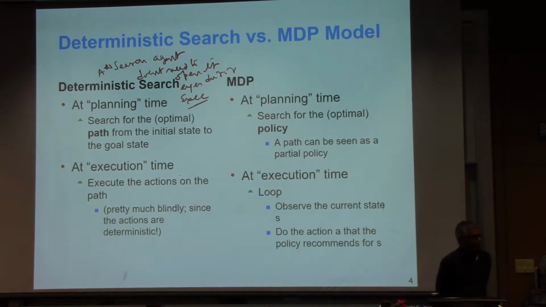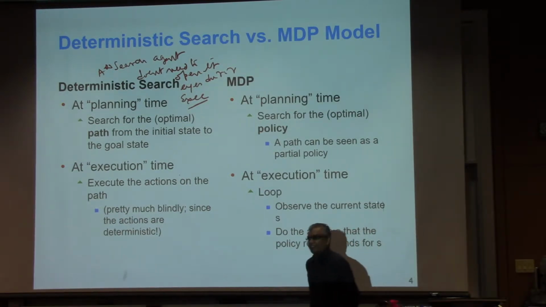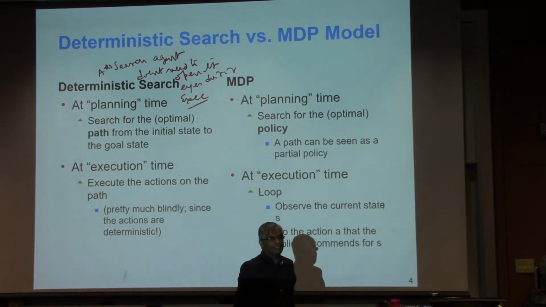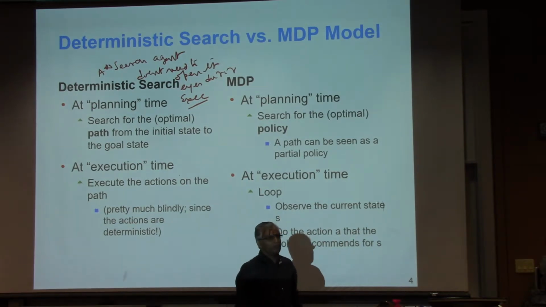Do you understand why? It needs to know the initial state. And if you know the initial state, and you have deterministic dynamics, and you have computed the optimal path, you can close your eyes and execute it. And you can just say, I'm done, I'm in the goal state.